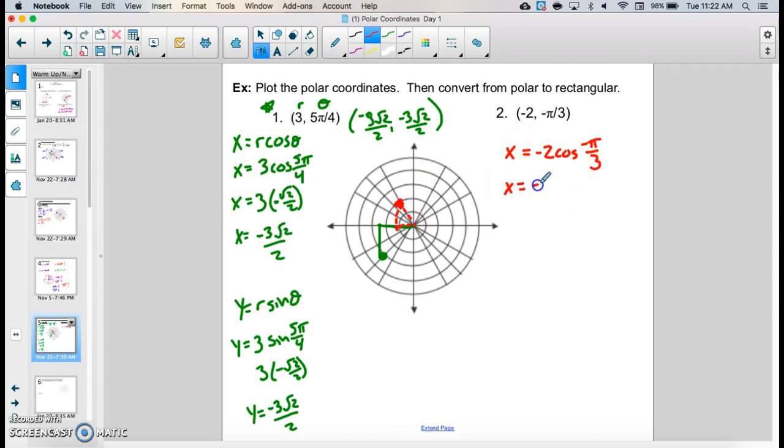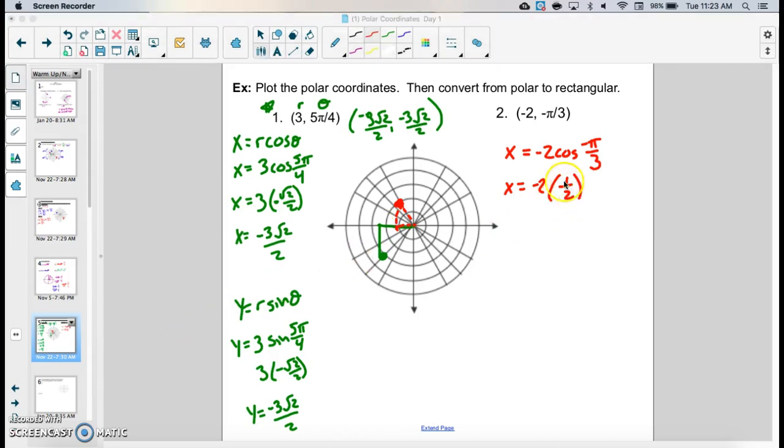So x equals negative 2 cosine of pi over 3, which is 1/2. Yep. And in that quadrant, all students, so it should be negative because, actually, let me think for a second. So actually, this should be a positive 1/2.